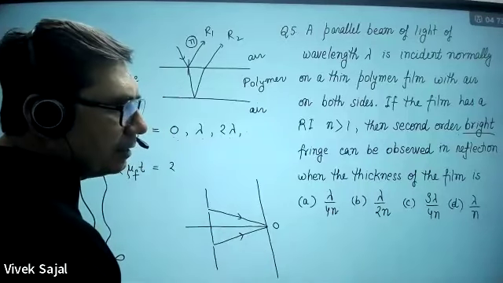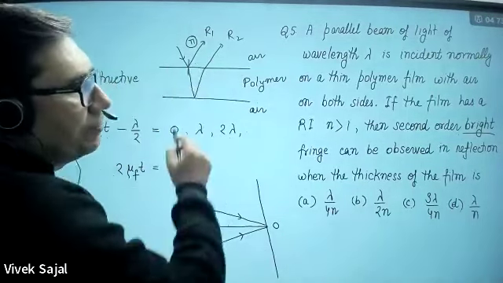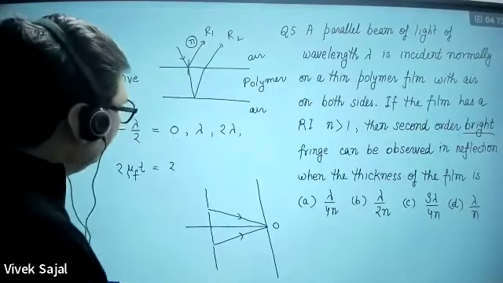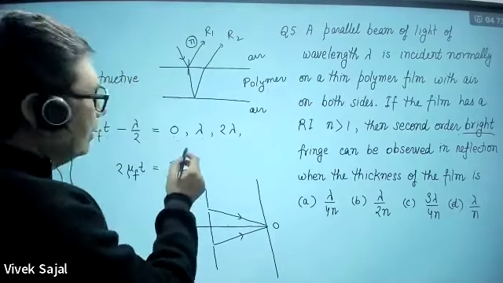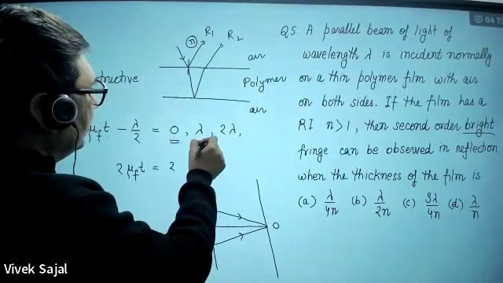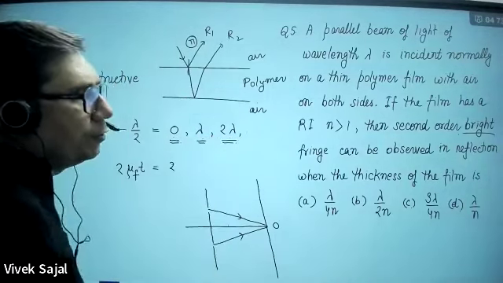Okay, exactly equal paths. But here they are not traveling exactly equal paths. Okay, they are not traveling exactly equal paths. So you can say this will be the first one. Okay, this will be the second one, this will be the third one. Okay, not 0th.